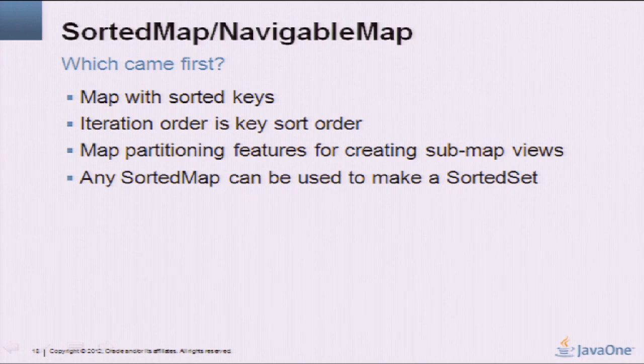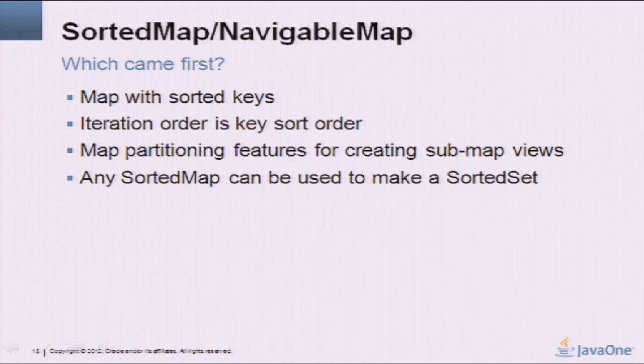But beyond the iteration aspect, the other key advantage to sorted map is that you can now create subviews of the map that make sense by specifying a particular key range, saying I want a submap that has everything below this particular value. Or above; there's head set, tail set, or head map, tail map, submap, specifying a range so that you get a submap view out that is just the range that you specified.